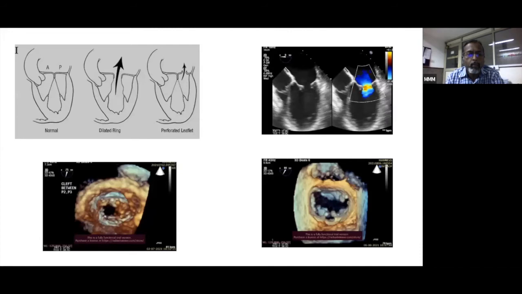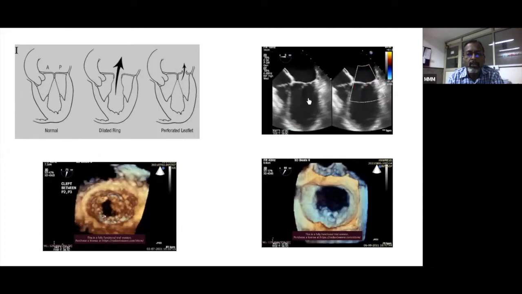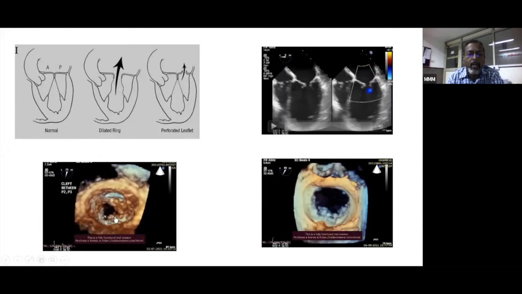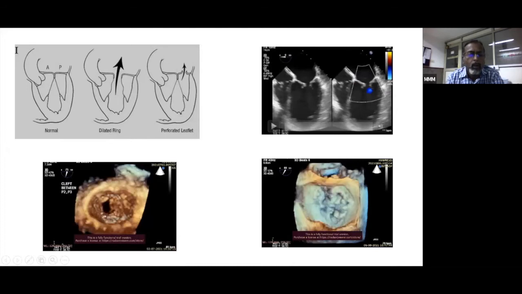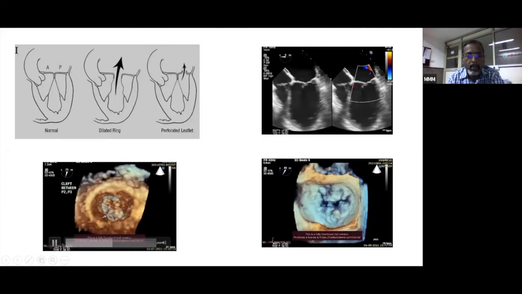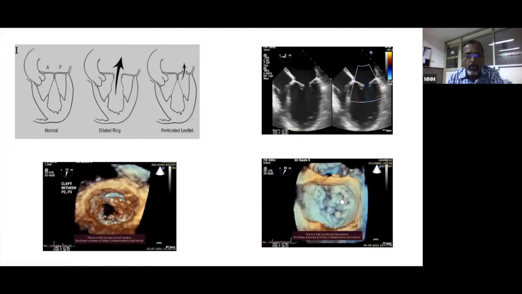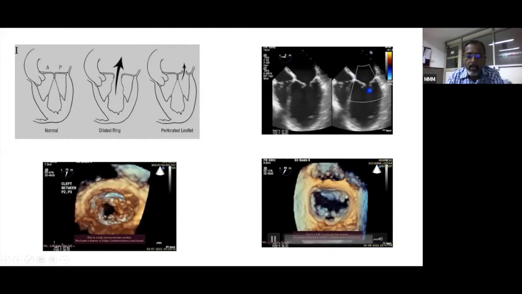For type 1, as we talked about, there is annular dilatation with a correspondingly central jet. Then you have a cleft between P2 and P3, and a perforated P2. These are some of the causes of type 1 disease.